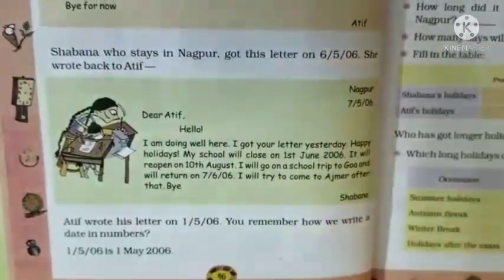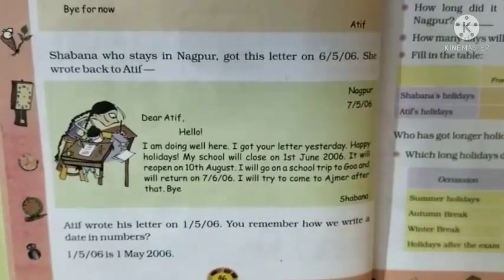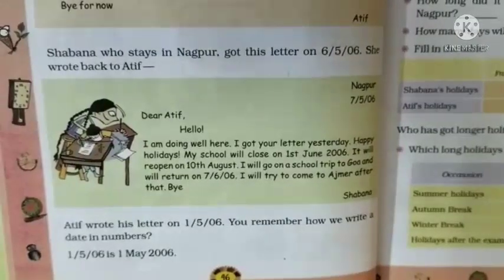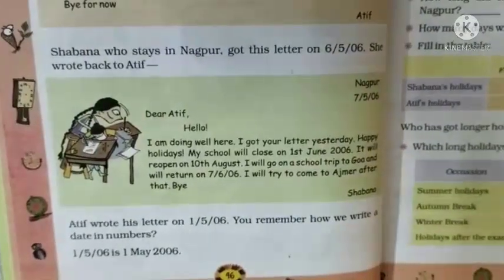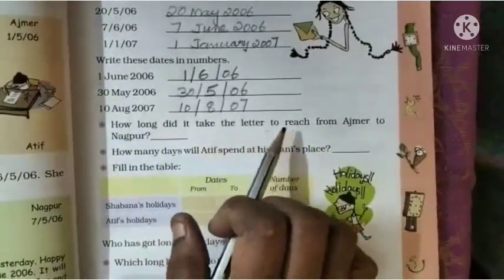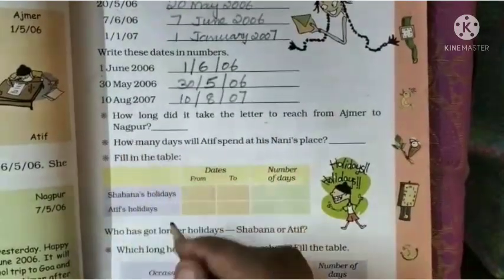So, in the two letters, the date they are written will be mentioned here. On the basis of this, we need to find the answers to the questions on page number 47. How long did it take the letter to reach from Ajmer to Nagpur? Atif wrote on which date?